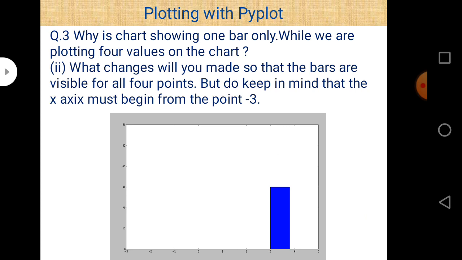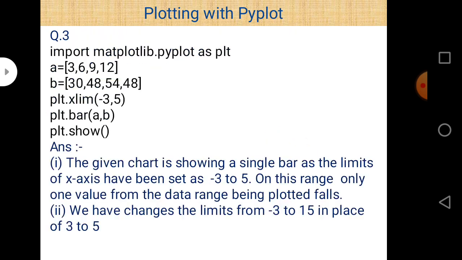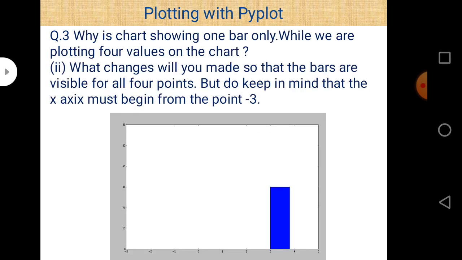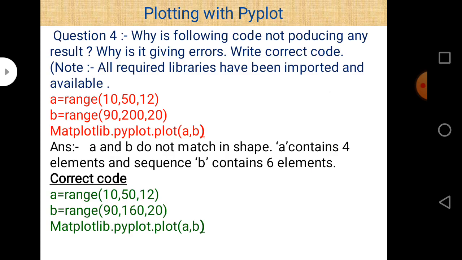So it will take all values, that means 3, 6, 9 and 12, and if we don't change the initial limit, that is -3, it doesn't affect the actual representation of 4 bars. So we take here -3 to 15. Using this we can easily print this bar chart.